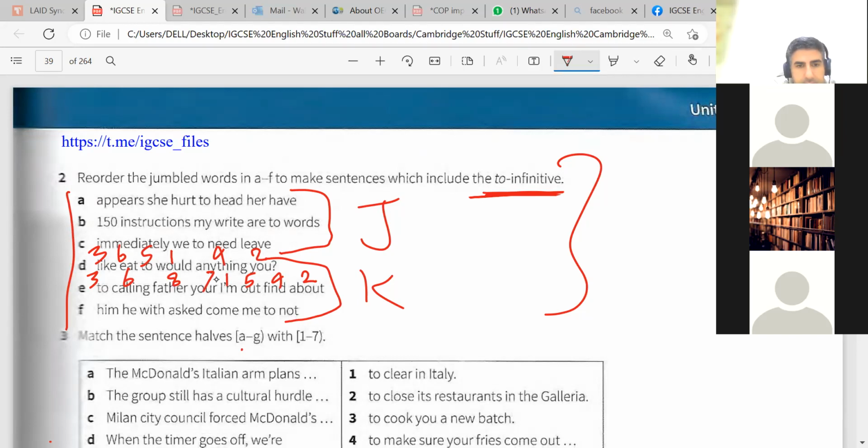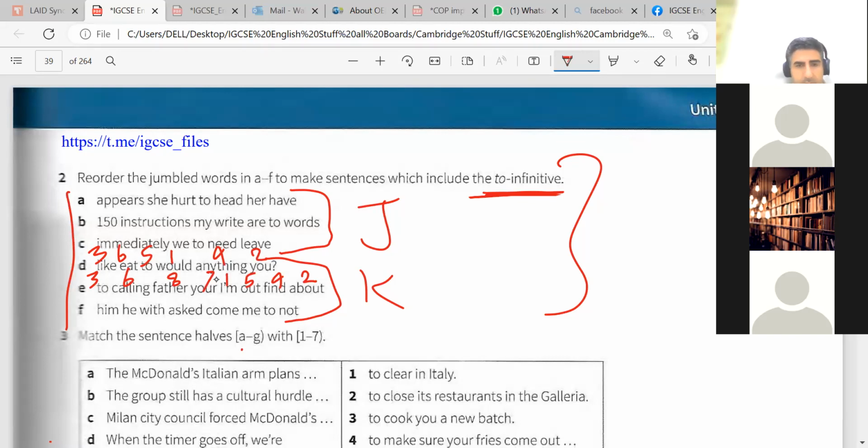Yes. Could you read it again? I'm about to find out.